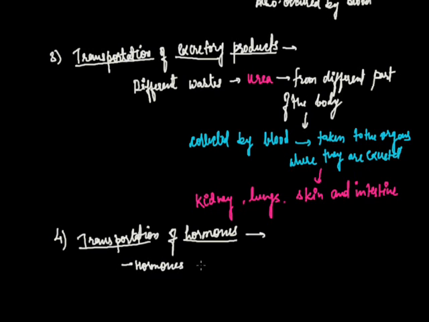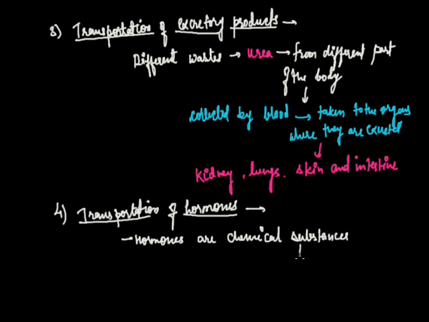Hormones are chemical substances having specific functions, produced by endocrine glands and carried by the plasma of blood.